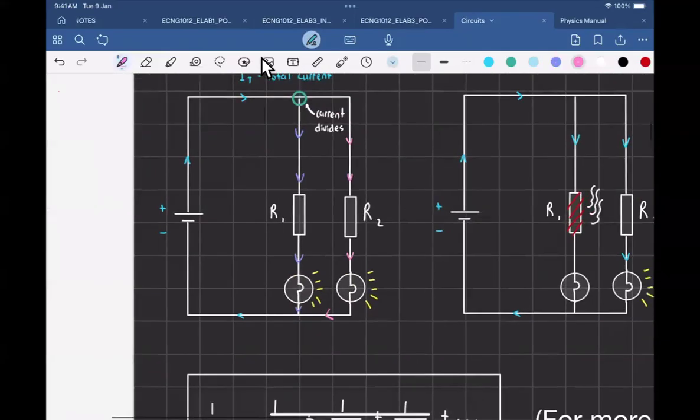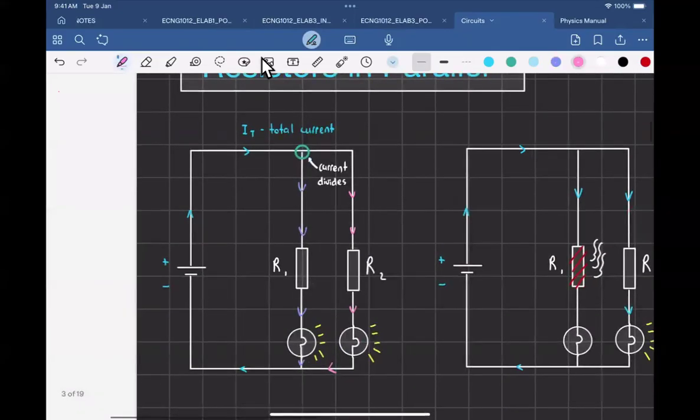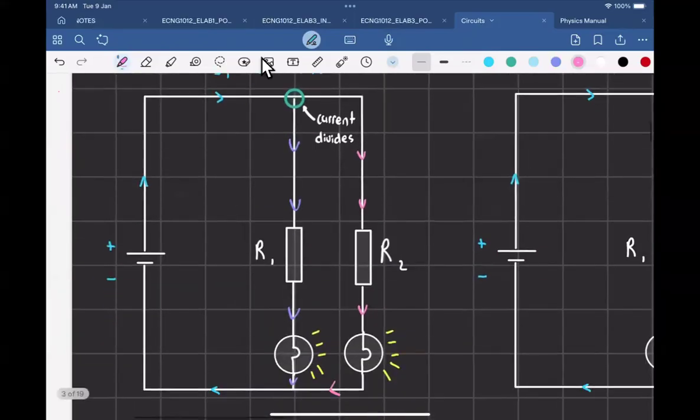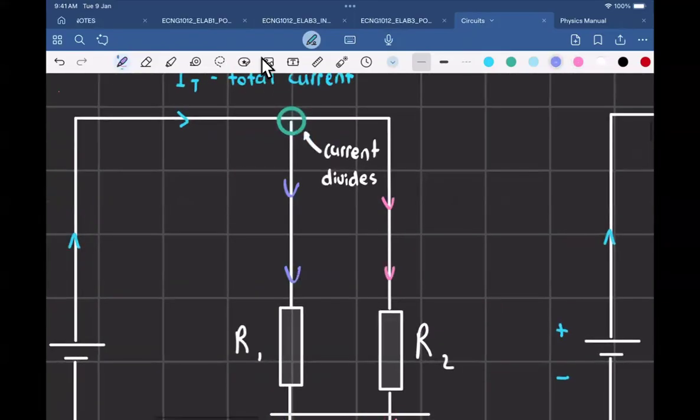Okay, cool. So Aliyah, from the positive terminal, we have the total current, and when it reaches this junction over here, it's going to divide. So what would I call the current? Look where it's passing through.